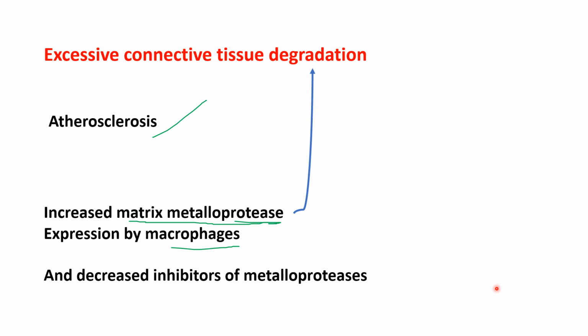So if this increases, then they are going to degrade the extracellular matrix proteins in the media of the artery. Along with that, there is decreased inhibitors of these metalloproteases. Increased expression, decreased inhibition. So they are present for a longer time, and the longer they are present, they will cause increased connective tissue degradation, and that will weaken the media of the artery.